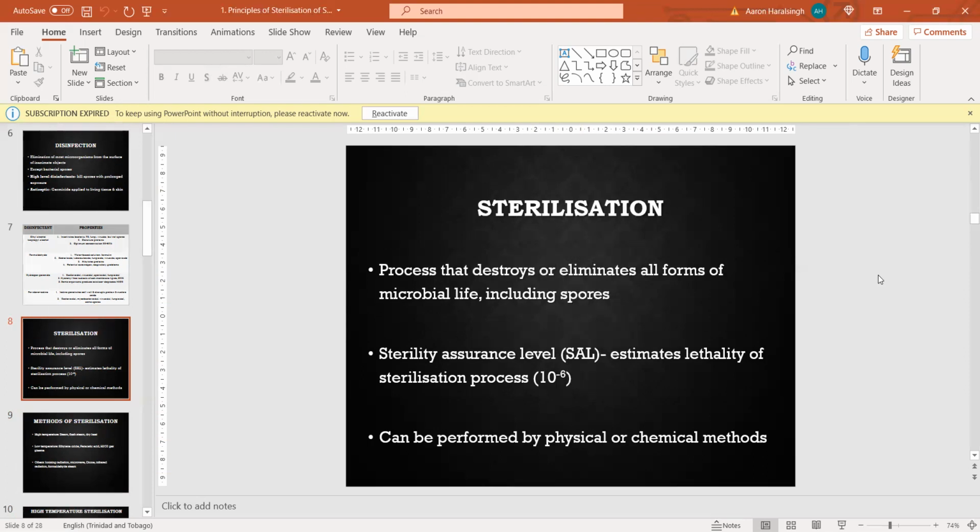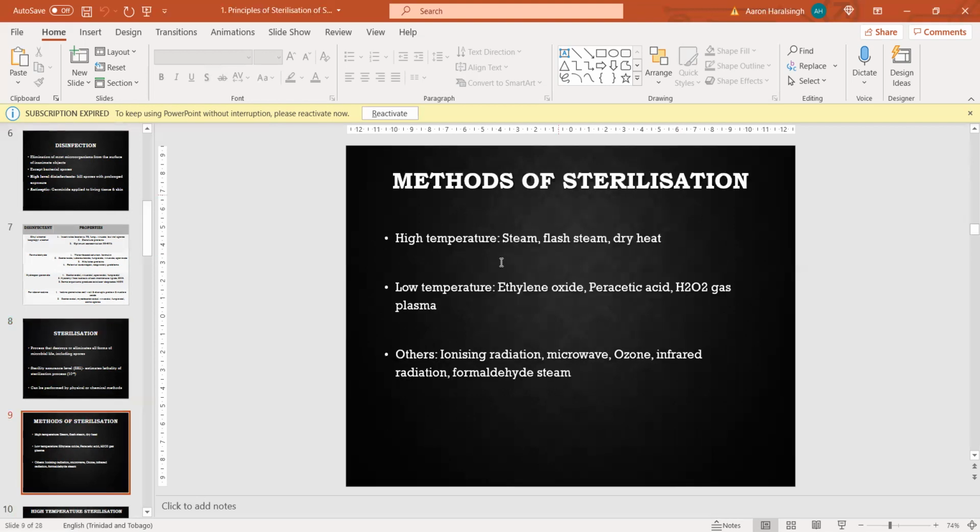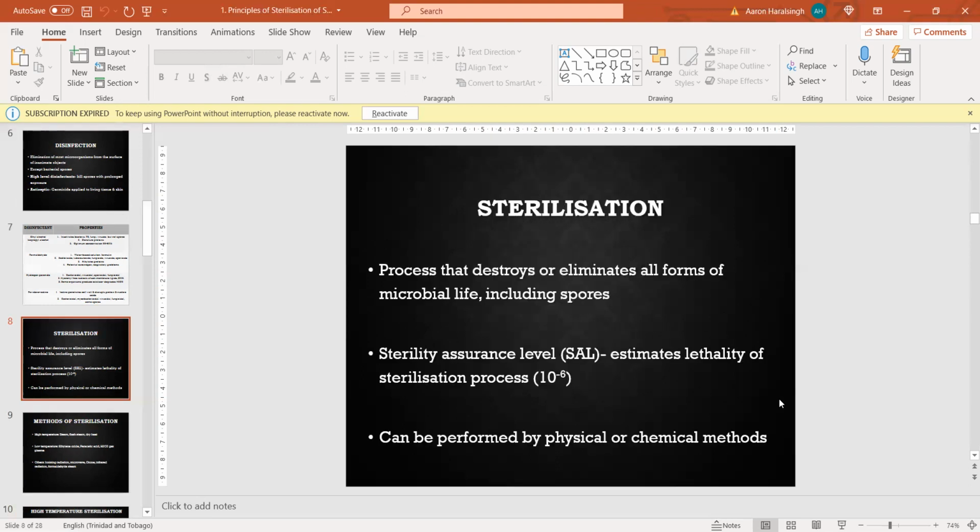Now, these physical methods can also be classified as either high temperature or low temperature as well. And then we can have a miscellaneous group on the side as well. So those are two ways to classify the physical methods of sterilization.